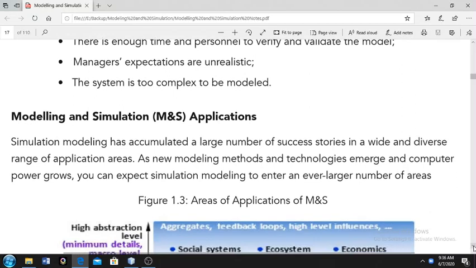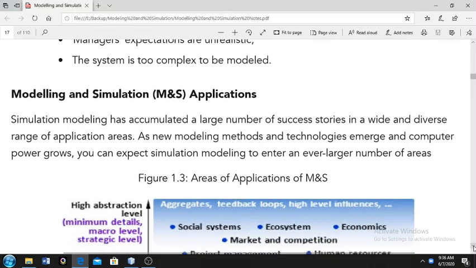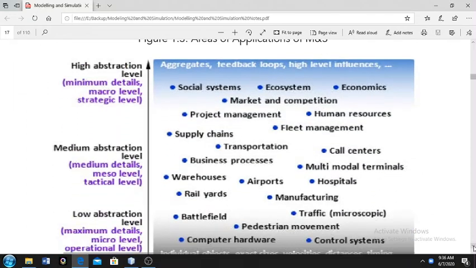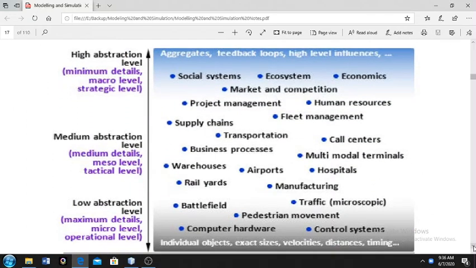Now, what are the areas of application of simulation? I hope the resolution allows you to see. You can see that you can apply simulation in a quite wide range of areas.